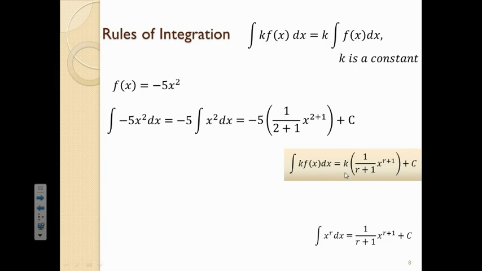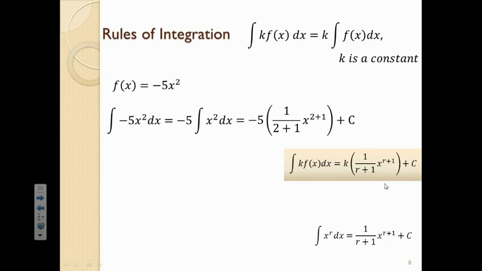Just realize that if there's no number in front of the x, then k would be 1, and you're just going to ignore the 1 because it's 1 times whatever it is. So this becomes one law that can replace these two. But concept-wise, we actually are doing the first one and then this one, and when we put them together, it's this third one.